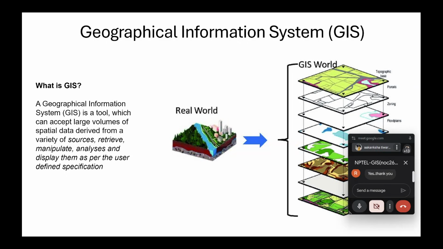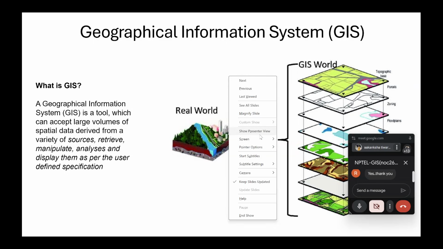So from a variety of methods you can get the data, and then as per your requirement, you make a layer so that you are easily able to identify different kinds of patterns that are there in the real world. In this GIS world, we have different layers of the real world. As per our specification, we make the layer.